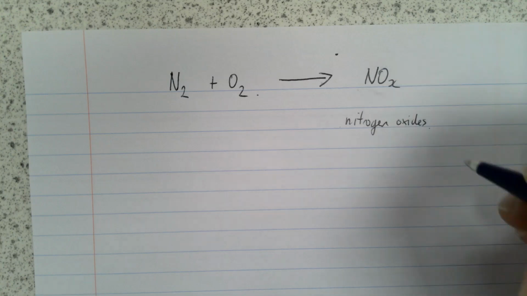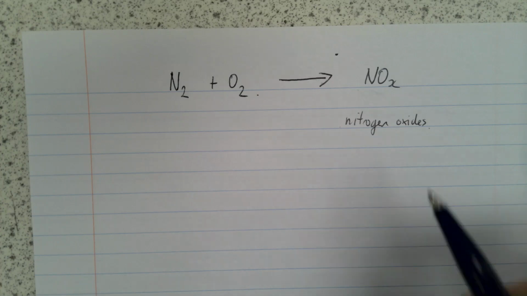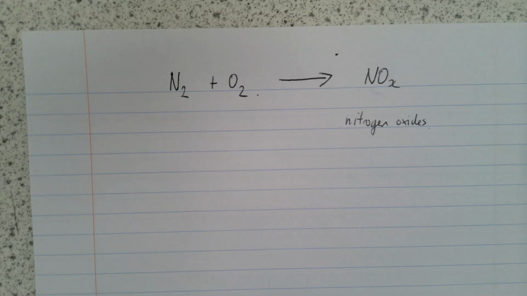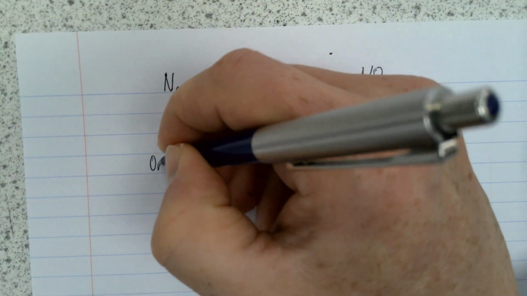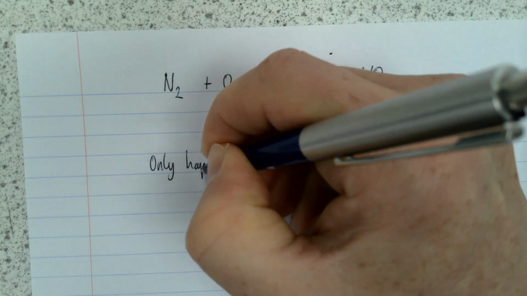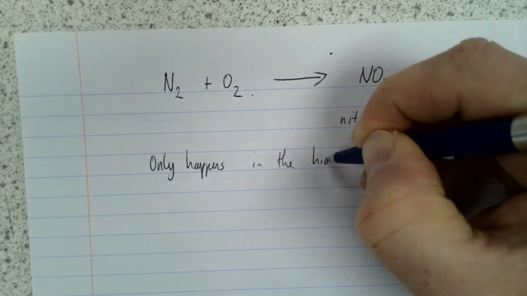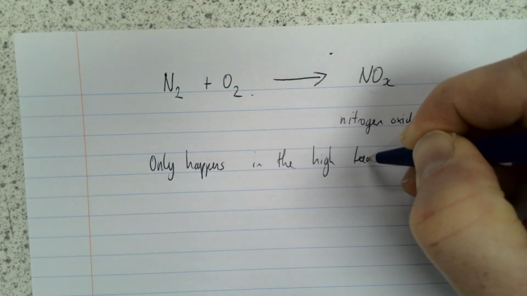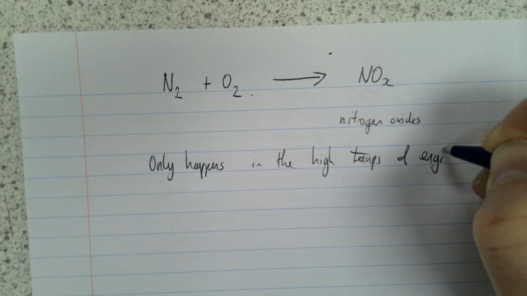There are lots of nitrogen oxides, so NO, NO2, N2O4, N2O, and so we simplify them just as nitrogen oxides like that. So this only happens in the high temperatures of engines.